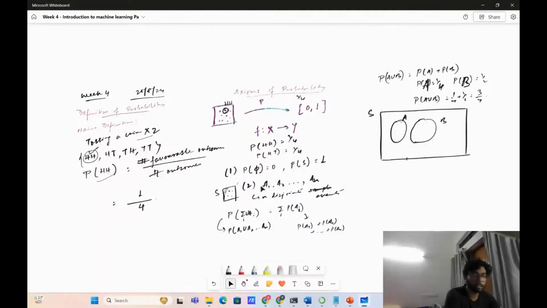Right? So is this clear? The only condition is that you can sum up probabilities when the two events are disjoint or mutually exclusive. Okay.